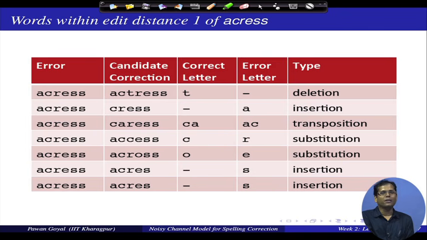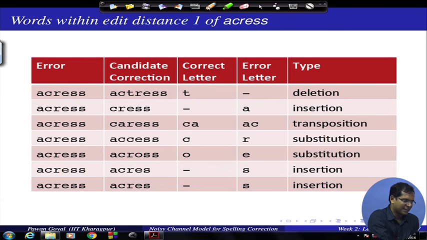But this insertion can happen at 2 points. It can happen either here or here, and these two will have different probabilities. Remember the probability of substitution will depend on what is the previous character in this word. So they will have different probabilities. That's why they are two different instances.